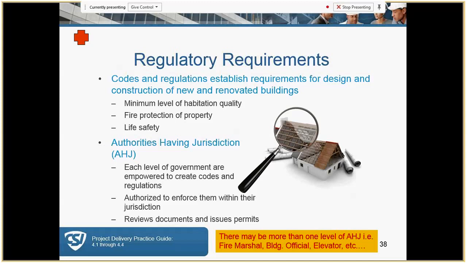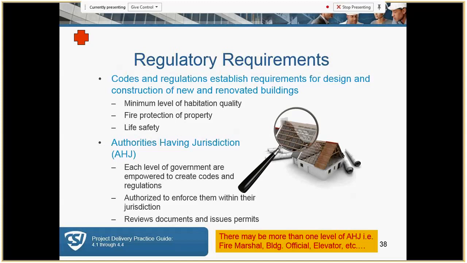We have the fire marshal in addition to the building official, and you have the elevator inspector. So there's a lot of different people we have to coordinate with and a lot of regulations to comply with. And with this being a university, of course, we also keep in mind what the statutes require us to do.